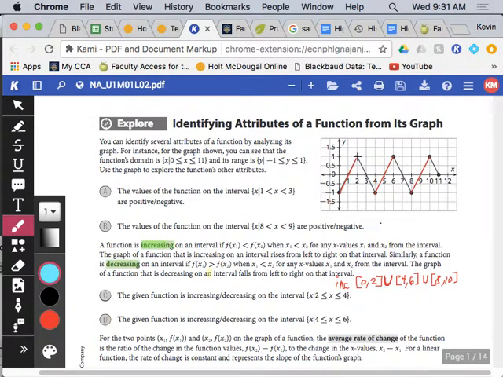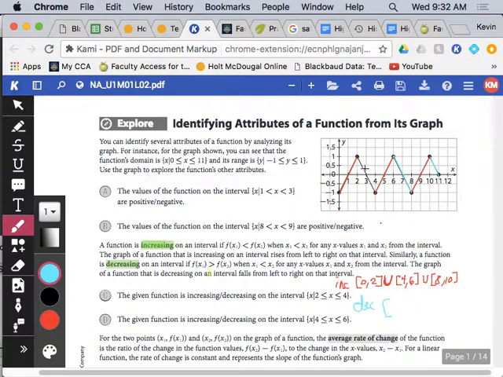Negative. So it's decreasing here, here, and here. So it's decreasing on the intervals.